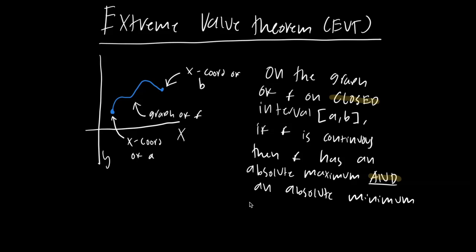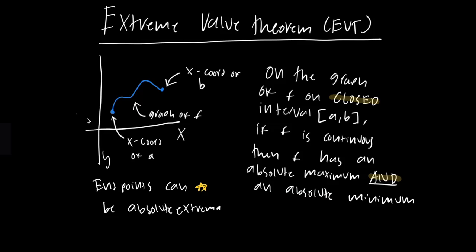Know that these endpoints, let me write this down, endpoints can be absolute extrema, and then I'll put like a star or something. Our endpoints, or specifically this endpoint, is the absolute minimum.